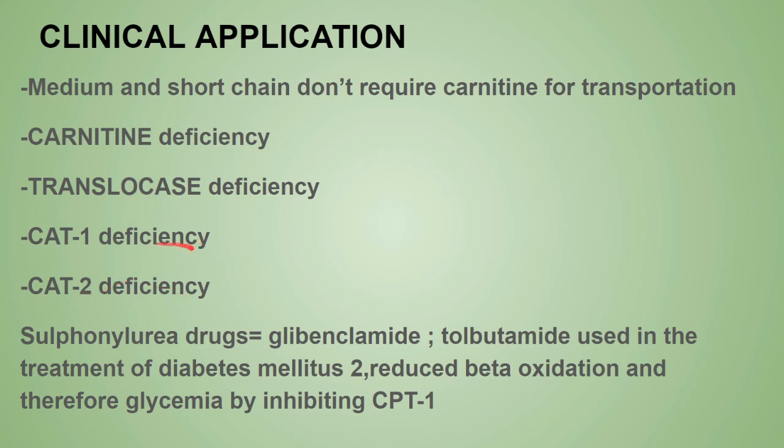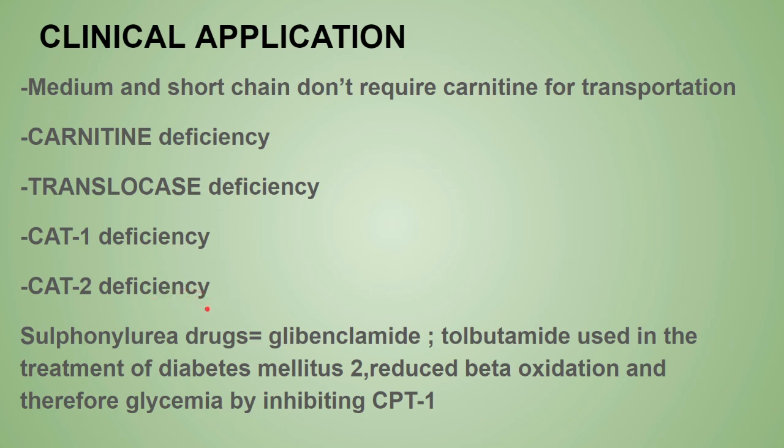CAT1 deficiency results in reduced fatty acid oxidation and ketogenesis with hypoglycemia, because the body will use more and more glucose only, so hypoglycemia occurs. And CAT2 deficiency mainly causes skeletal muscle atrophy.